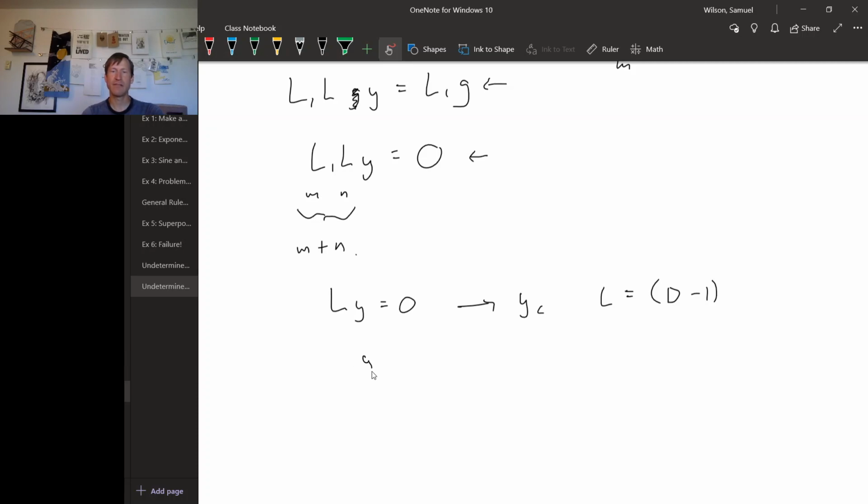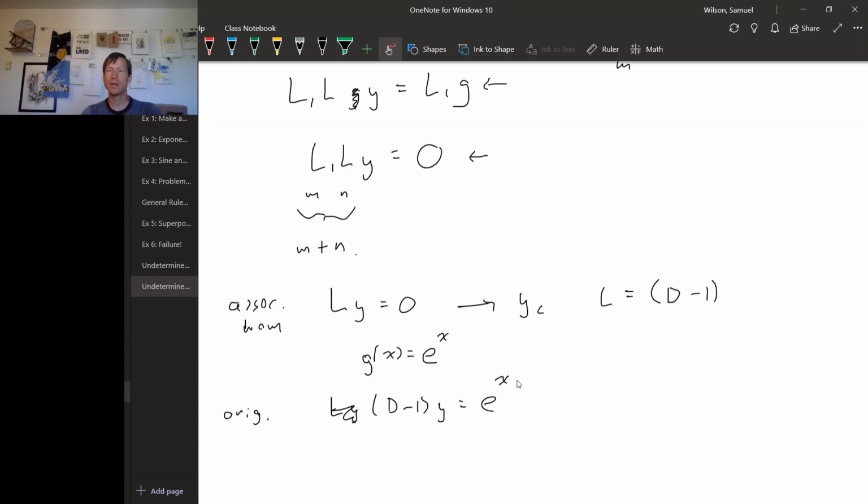And again, to have a particular example, let's say that our inhomogeneous term is e to the x. Okay, so our original equation was D minus 1 times y equals e to the x. So this is our associated homogeneous equation, and this is the original equation.